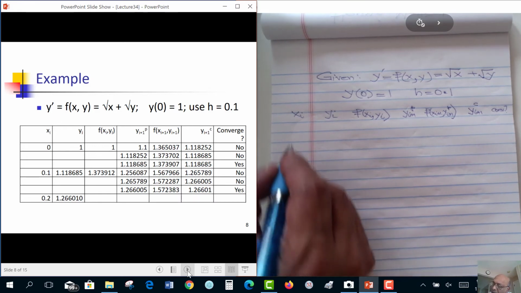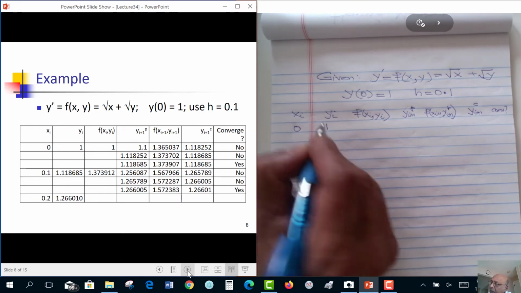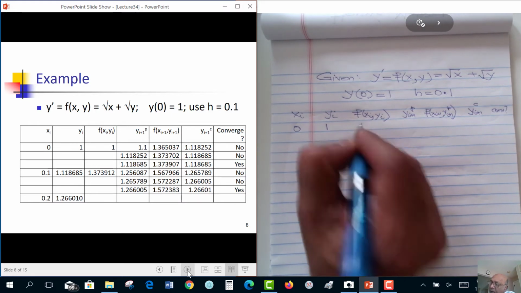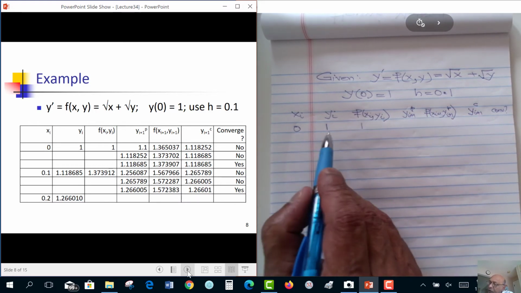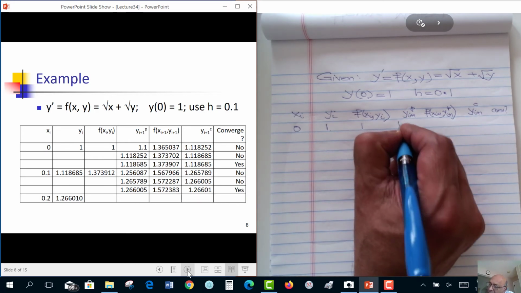Okay. So x is 0, y is 1. We compute our function square root of 0 plus square root of 1. So we'll get 1. So y plus h times 1, we'll get 1.1.